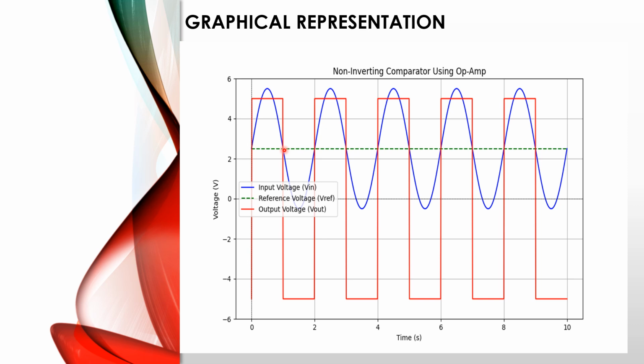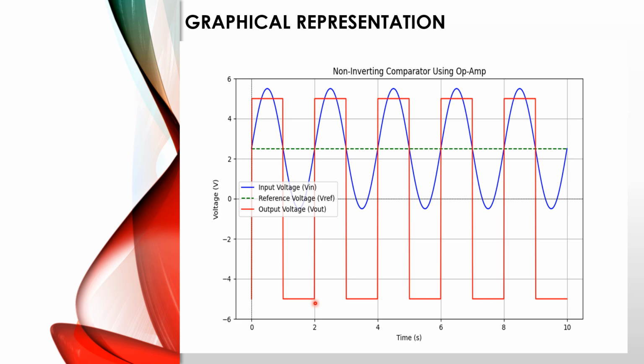Then we get the negative swing voltage, that means the minus VCC voltage. So this is the red color graph time period. Again, how long does it stay in this situation? That is as long as V in is less than V reference.